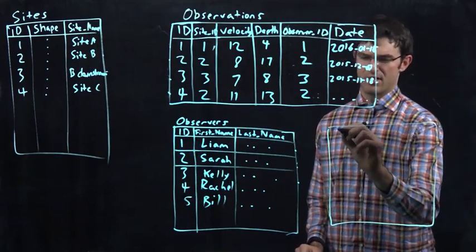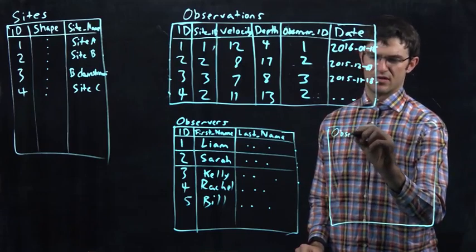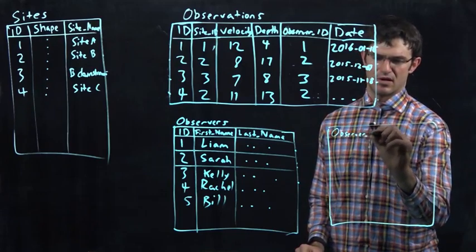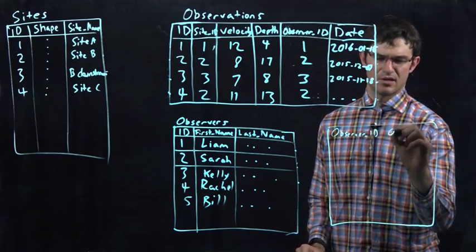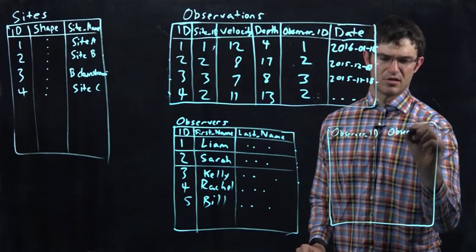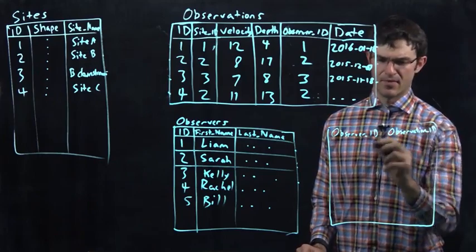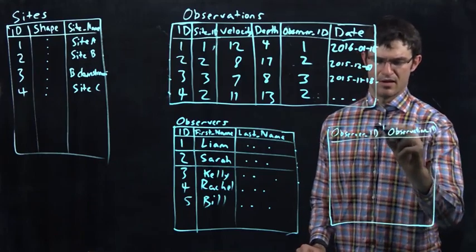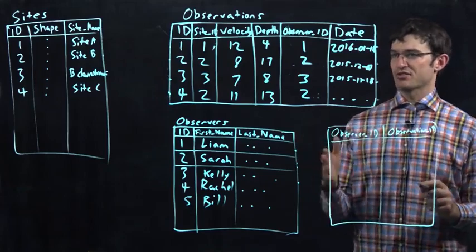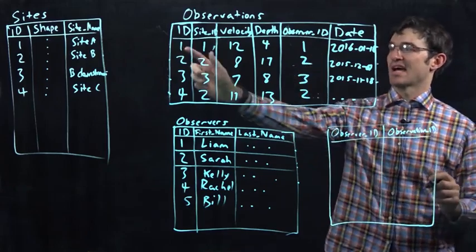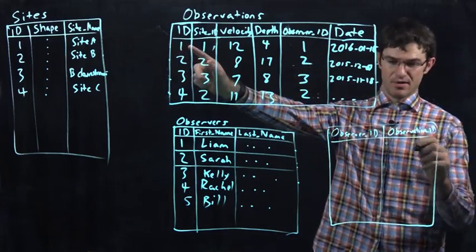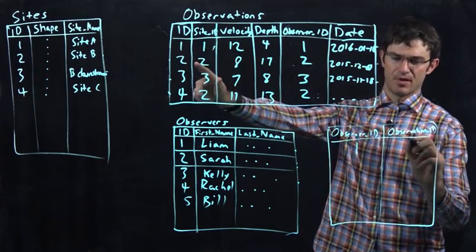And we have observer ID and observation ID. And pretty straightforward. We know that observer 1 was at observation 1, or was present for observation 1.